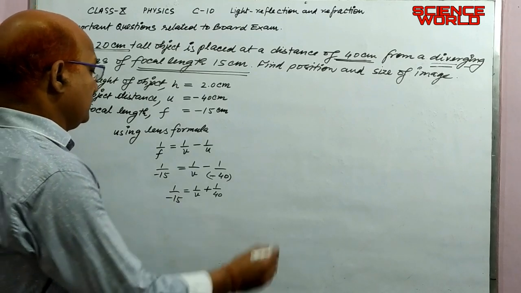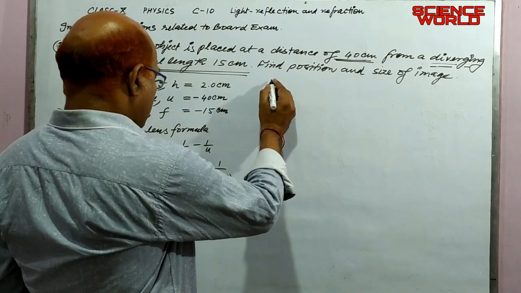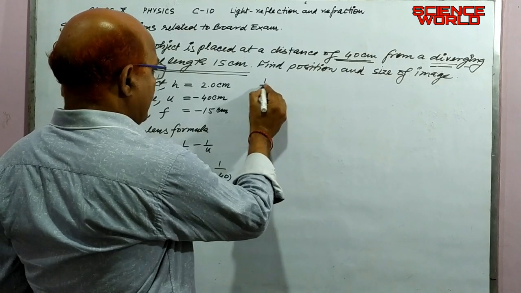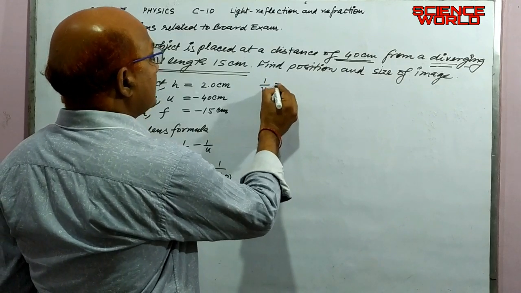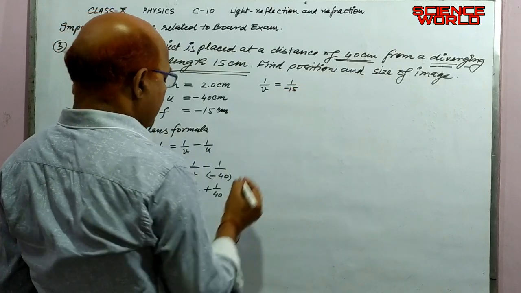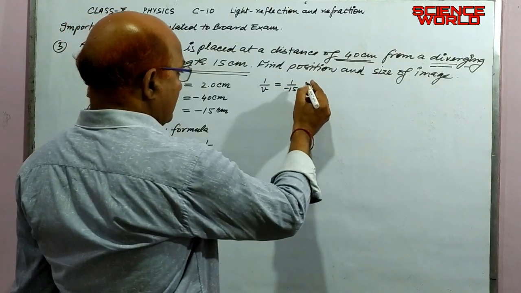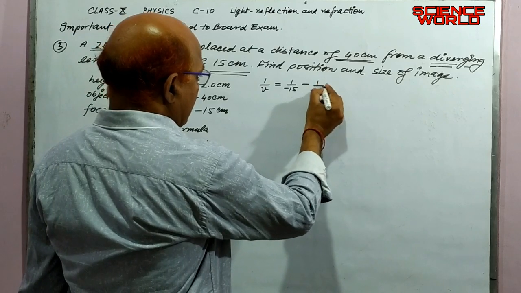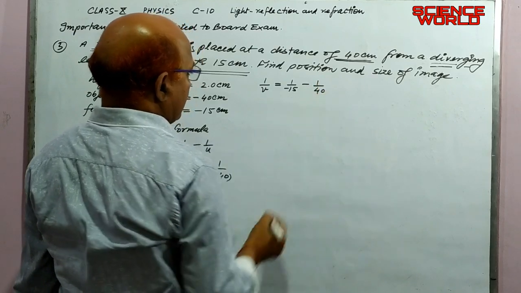So, we can write 1 upon v is equal to 1 upon minus 15 minus 1 by 40.